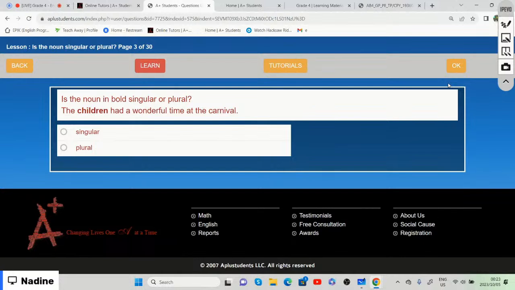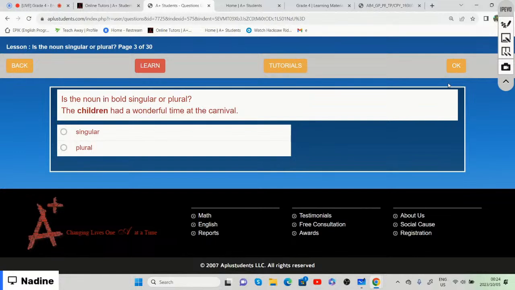Children, singular or plural? Is it referring to one person or does it refer to more than one person?